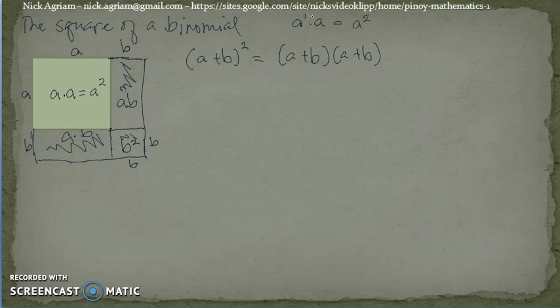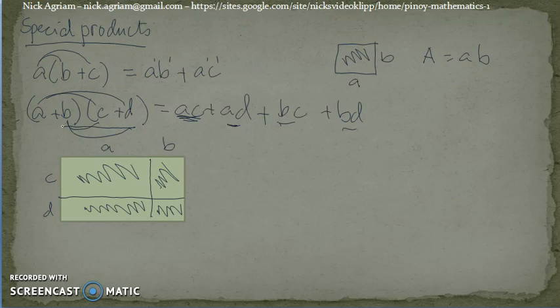Why? Because we can add their exponents. 1 plus 1 is 2. If we have the same base, we can add their exponents. That is one of the laws of exponents. Sorry for that. And then because of this, we can remember this that I discussed.